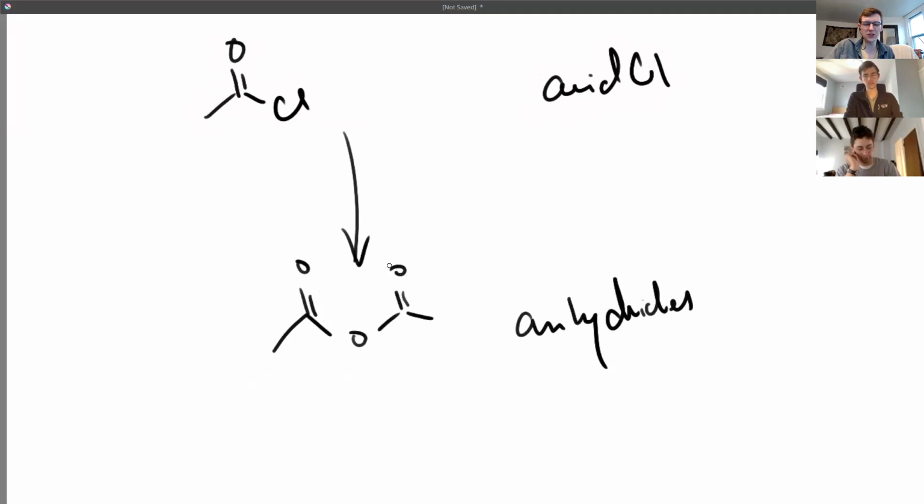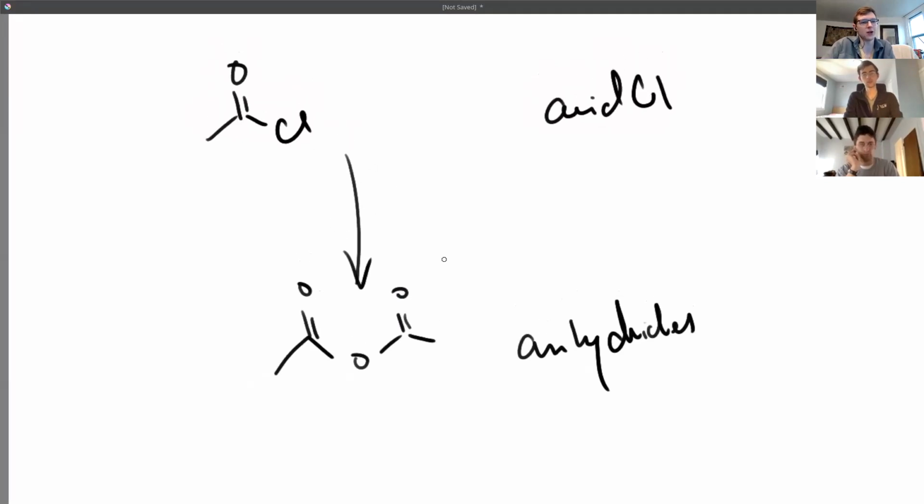Normally when this series is drawn, it doesn't actually show all of the reagents for these things, but we might as well fill in the arrows here because these are actual syntheses that you can do. So let's say that you did want to go from an acid chloride to an anhydride. What should you add? You could just add a carboxylic acid.